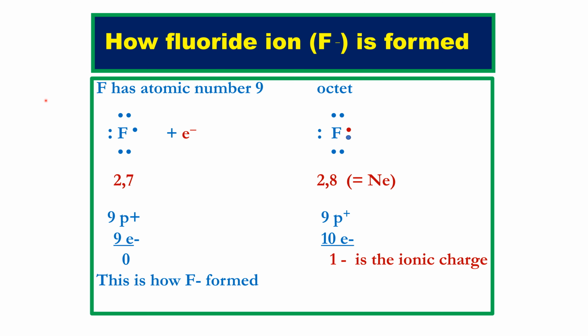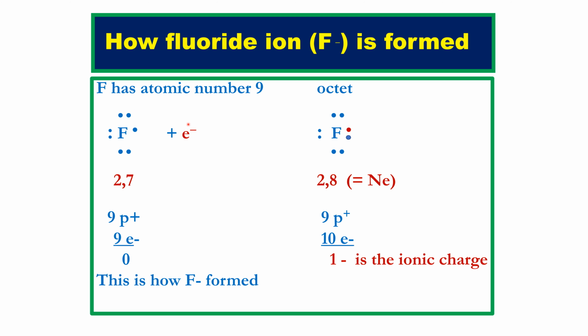Right, we now look at how fluoride ion is formed. Fluorine has atomic number 9. Its electronic configuration is 2 electrons in the first shell and 7 electrons in its outermost shell. This is fluorine with 7 electrons in its outermost shell.